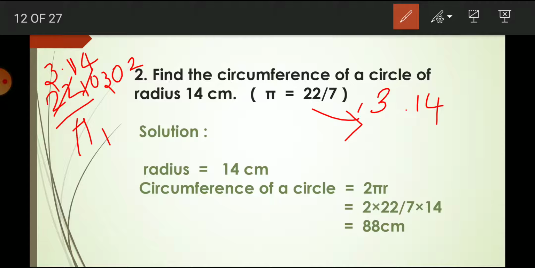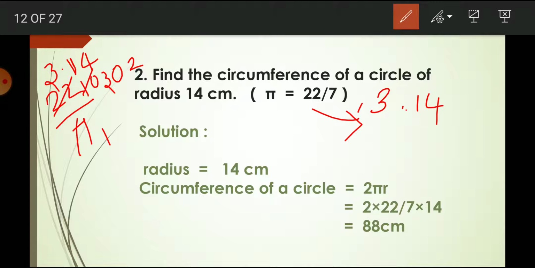Here they gave a value of pi. If they give any value, either 22 by 7 or 3.14, whatever they give, we can substitute the pi value into the sums. So here pi is 22 by 7, the radius value is 14 centimeter.